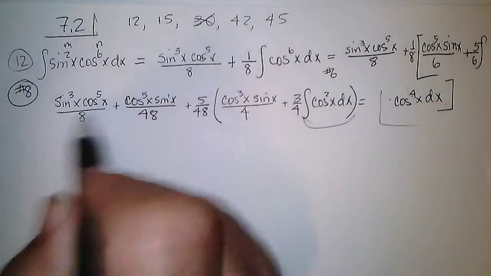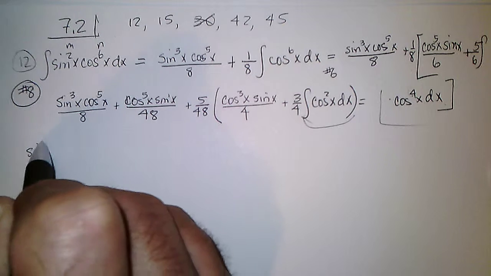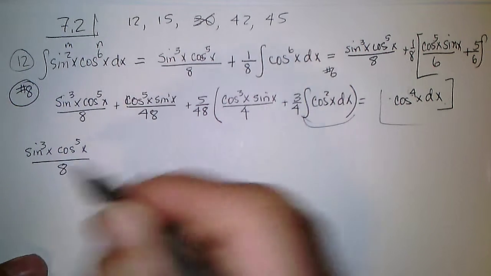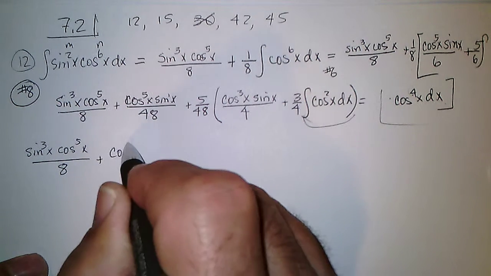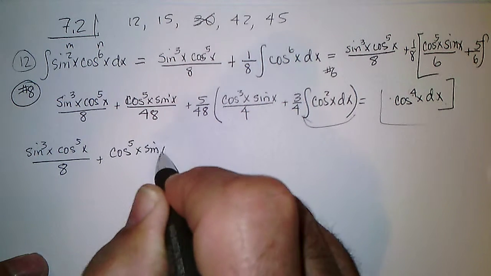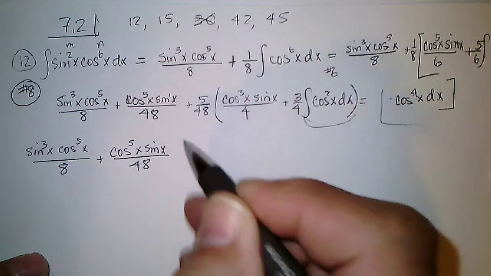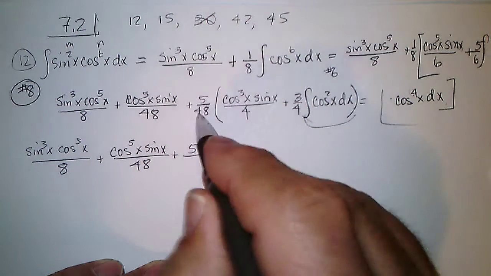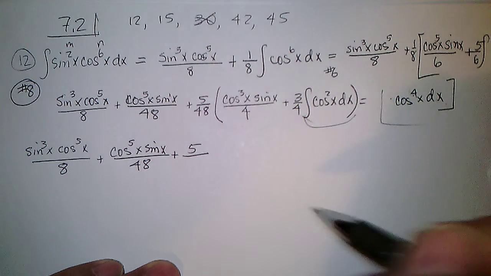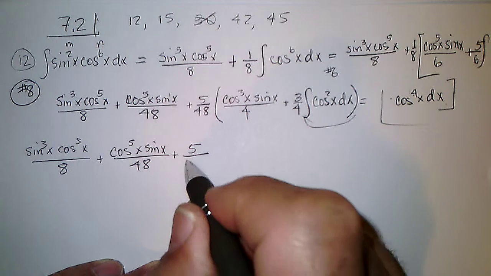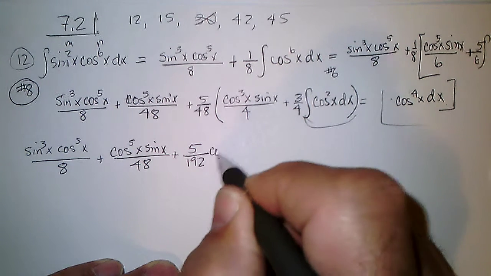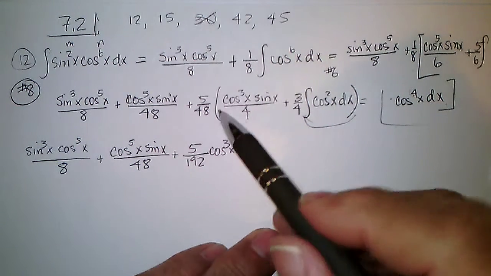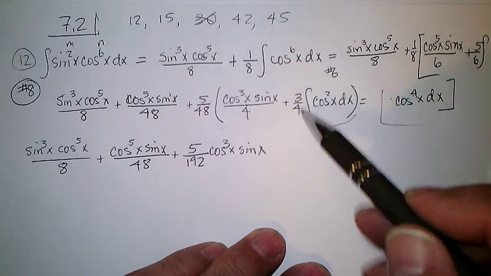Excuse me. So I'm going to have all of this: sine cubed x cosine to the 5th x over 8 plus cosine to the 5th x sine x over 48 plus 5 over 48 times 4 is 192, cosine to the 3rd x sine x, and 5 over 48 times this.